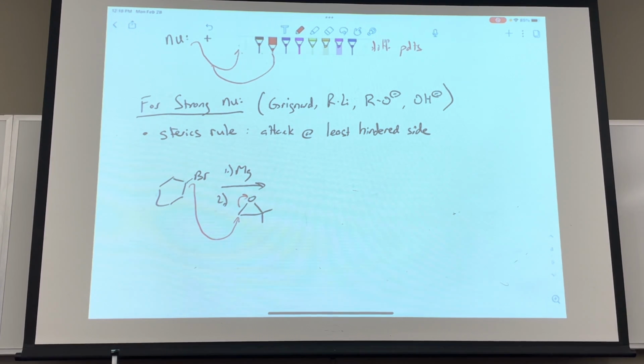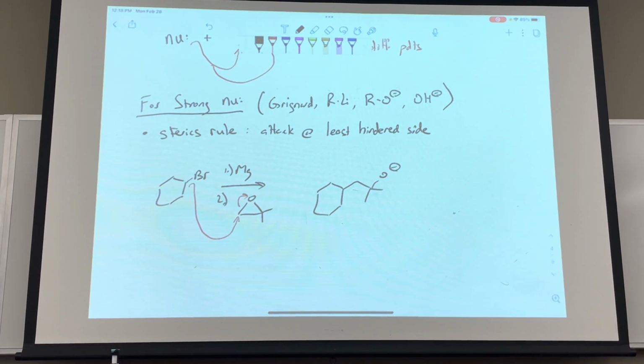And so as a result, the major product here would be that before acidic workup. All right. Any questions on that?